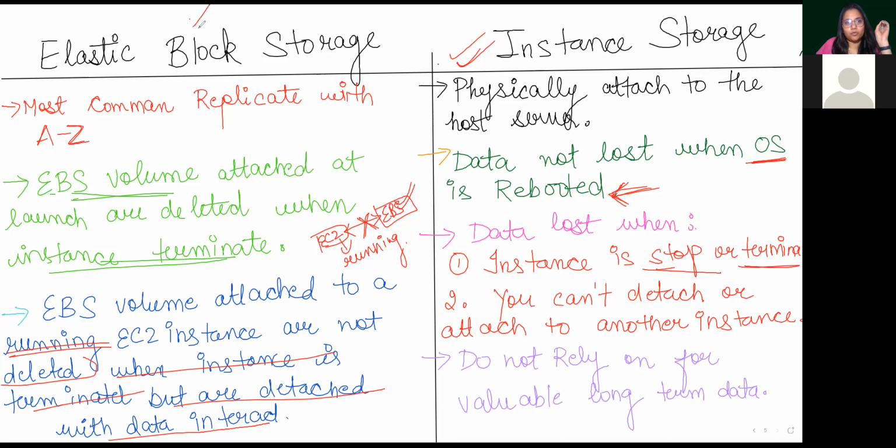In this case, you can rely on EBS volume because the whole data is in the EBS volume, and you can attach this EBS volume to another EC2 instance and retrieve the complete data. So these are the differences between EBS volume and instance storage.